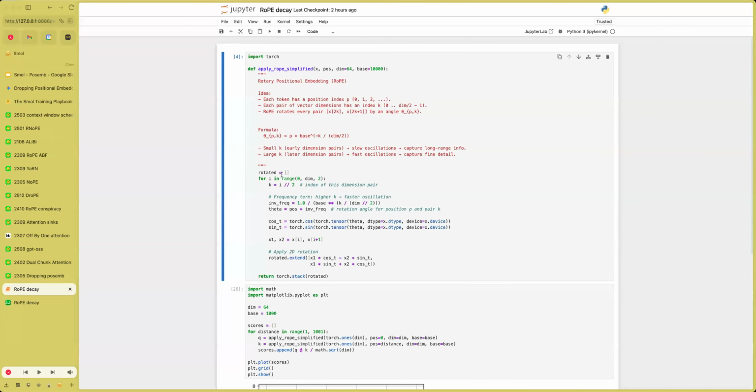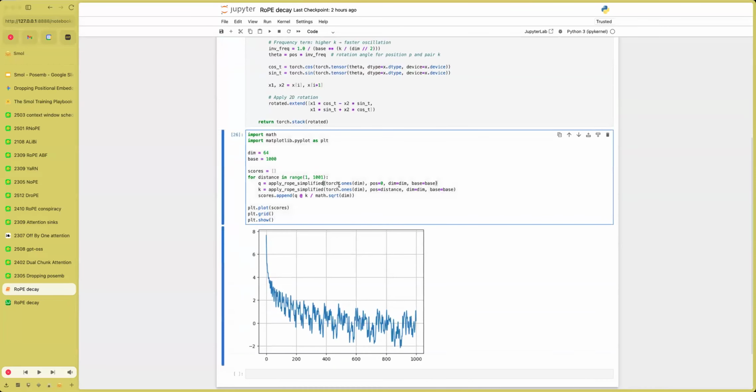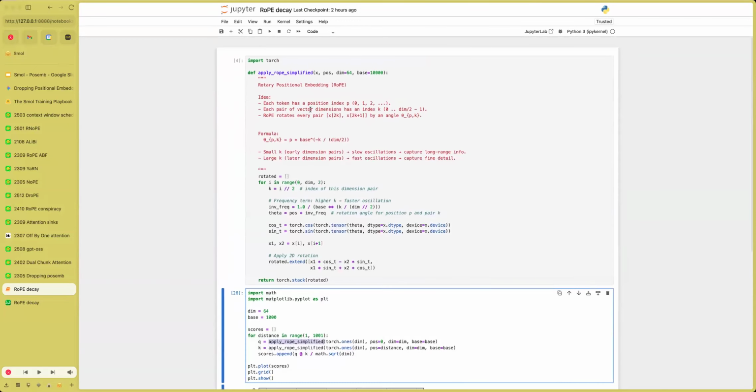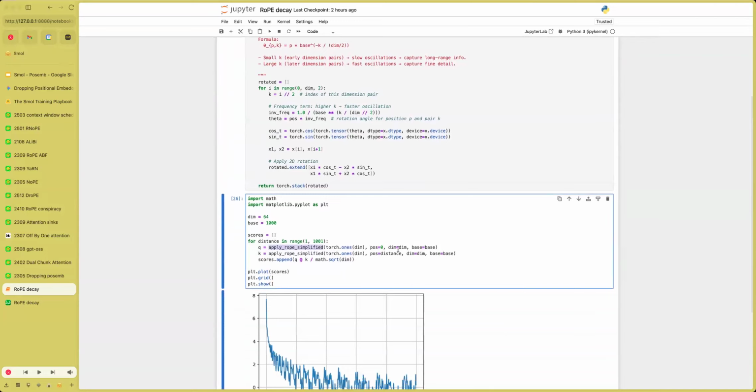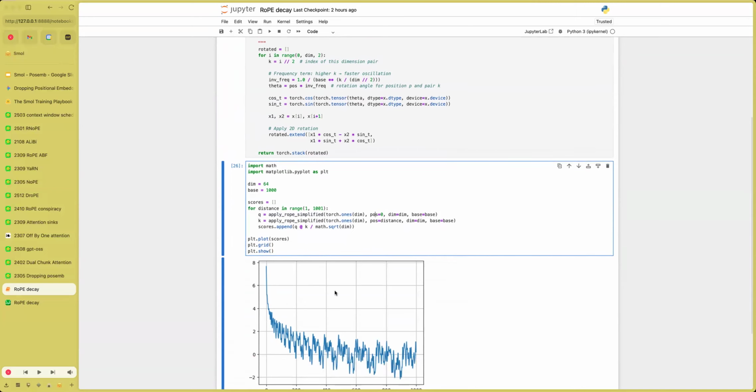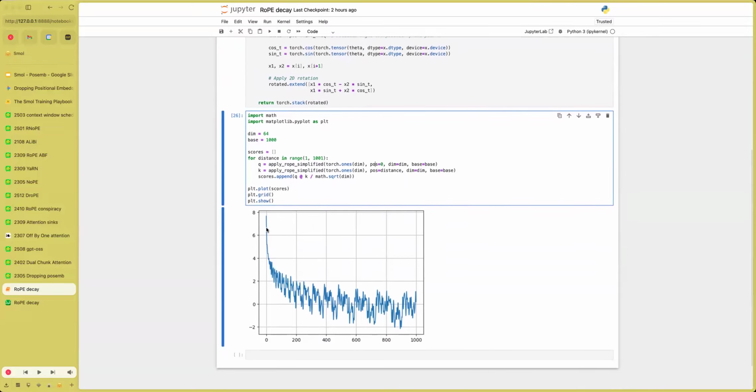If we take just two vectors of ones and apply RoPE with exactly this formula to them, and just vary the distance between them and look at their attention score, then we see that RoPE actually does what ALiBi does by itself. So it has a higher attention score for close tokens.